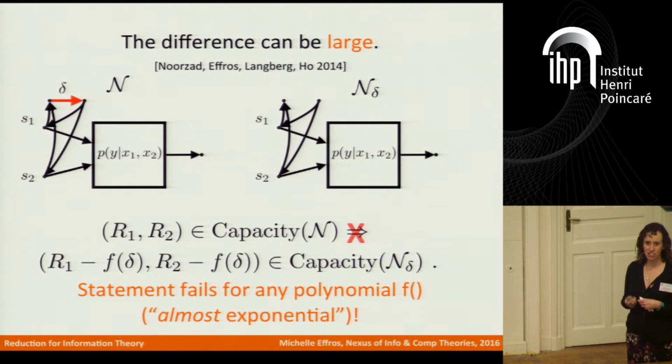And my original thought was probably not, because our examples were so carefully constructed that I didn't think, for example, if you had a Gaussian multiple access channel, that this property would arise in that case. If you have y as a deterministic function of x1 and x2, actually it does hold.